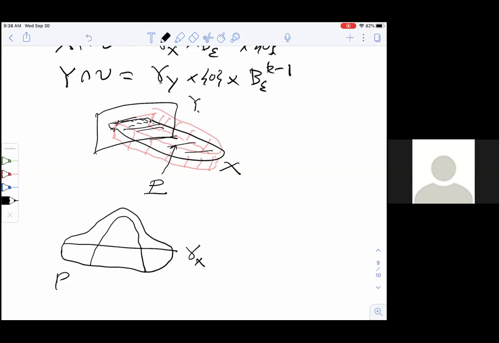So here's P, here's gamma x. I want an isotopy of the form, let's call it J of U and T. U is a parameter for gamma x. It's the coordinate along gamma x. T is the isotopy parameter. And I'll draw a picture of what the isotopy looks like.